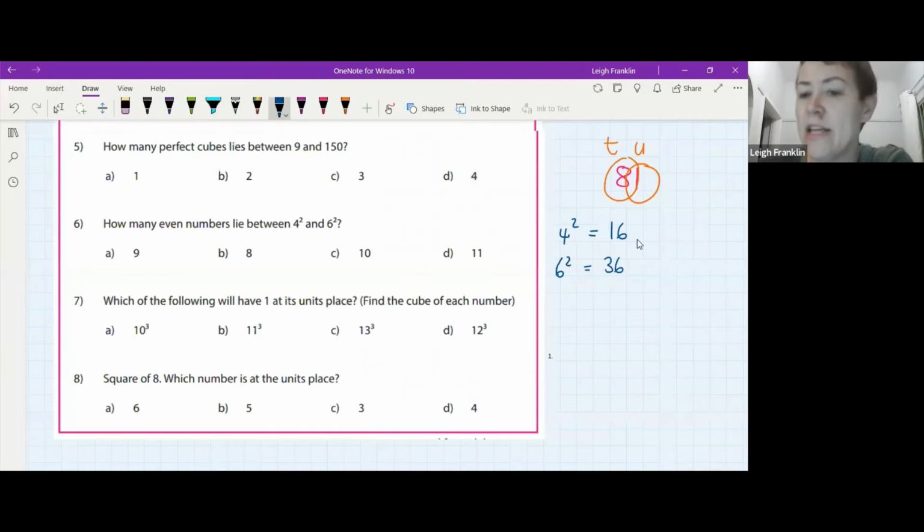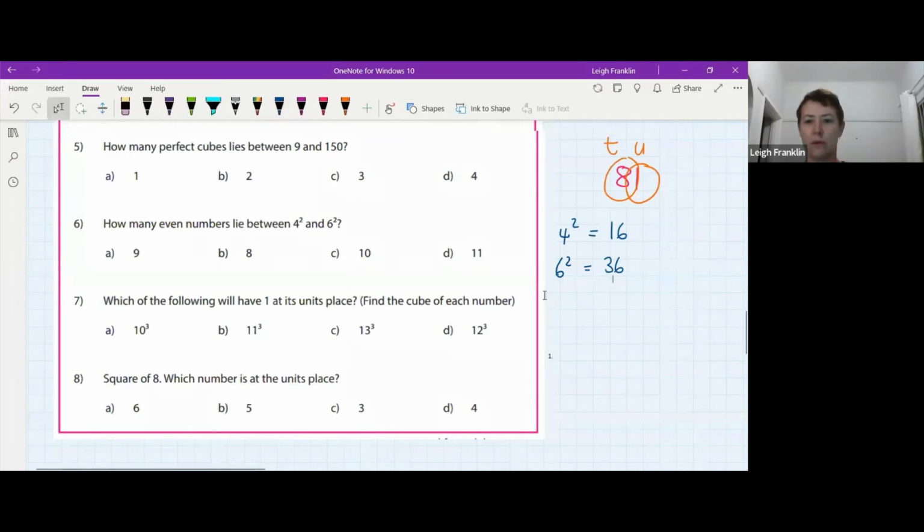Okay, but that does not include 16 and 36 because they use the word between. So after 16, the next even number is what? 18. Exactly. Then you've got to count how many of them are between 16 and 36.